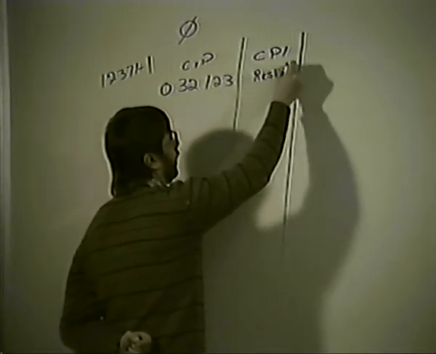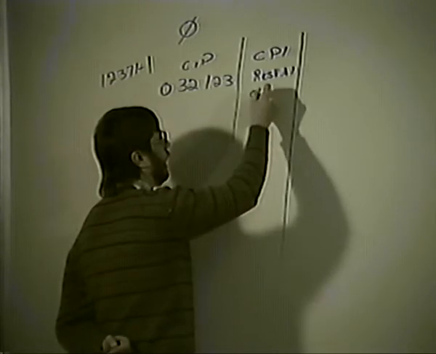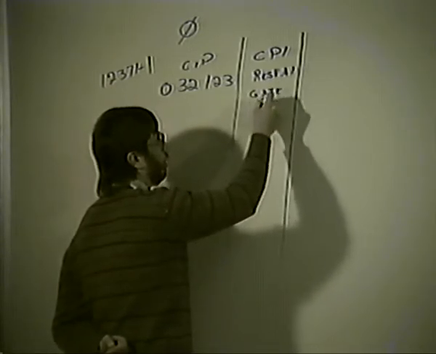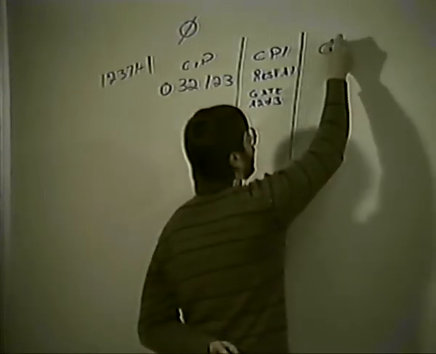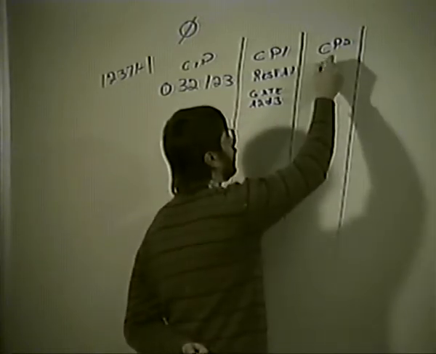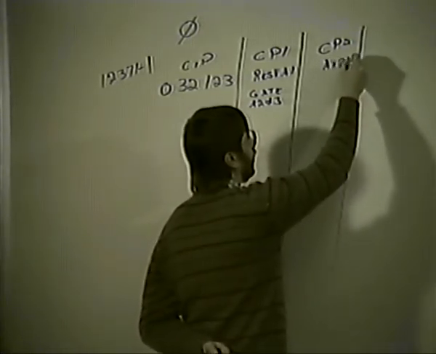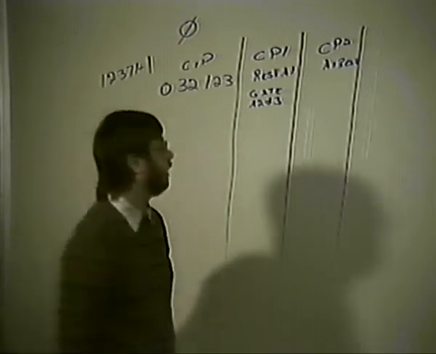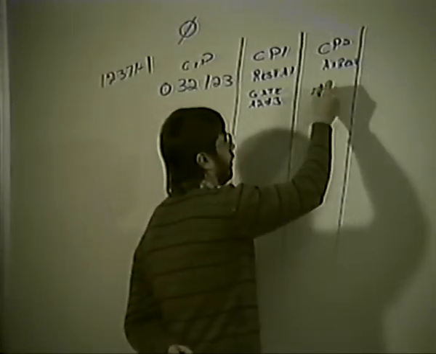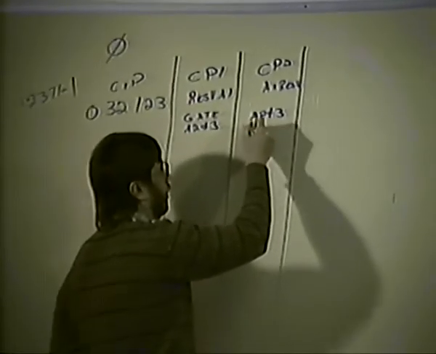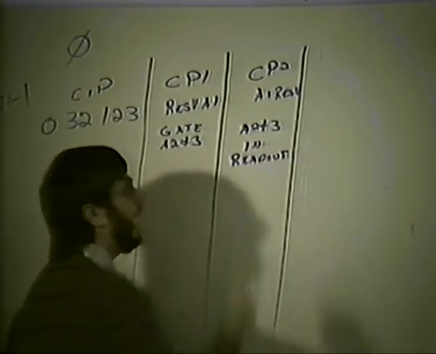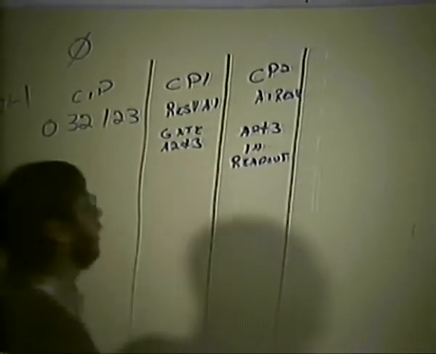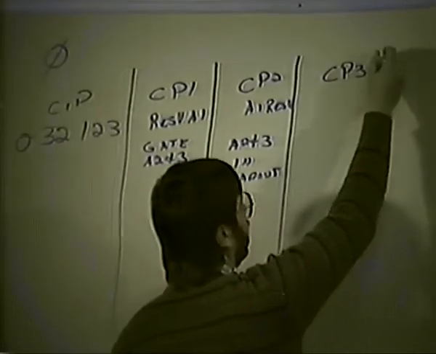Reserve A1, we gate A1, 2, and 3. A1's still reserved at clock period 2, isn't it? A2 and 3 are in the readout at clock period 2. Clock period 3, where's the data?